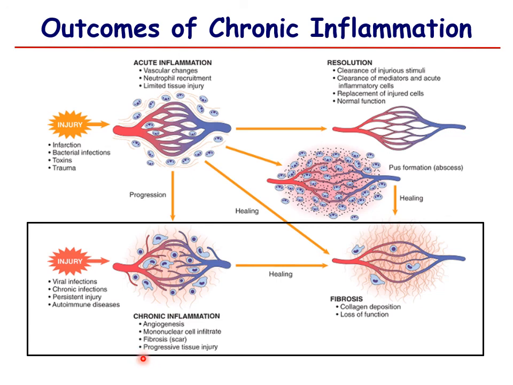Therefore, the final outcome of chronic inflammation is fibrosis with a significant amount of collagen or fibronectin deposition in and around the inflammatory site, rather than replacement with functioning cells, and therefore it leads to loss of function of the affected tissue.